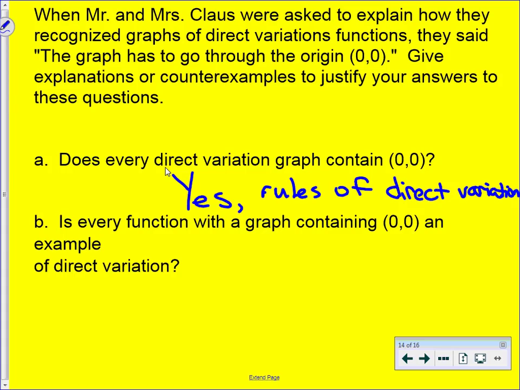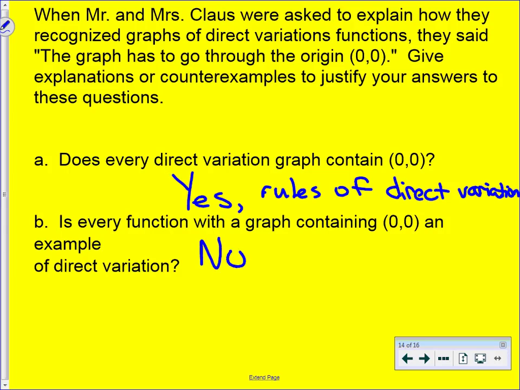For B, it's asking, is every function with a graph that has 0, 0 on it an example of direct variation? Your thought process is trying to figure out if there's any graph that has 0, 0 that isn't a line. There are a couple options that you've been working with last week. There are definitely other graphs that don't make up a line that still have the point 0, 0 on it.